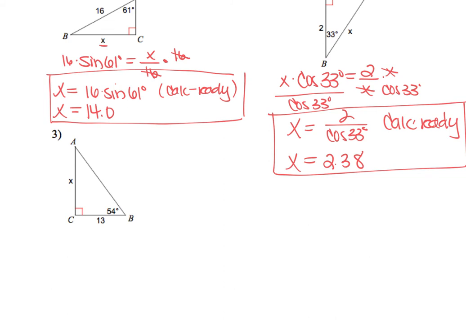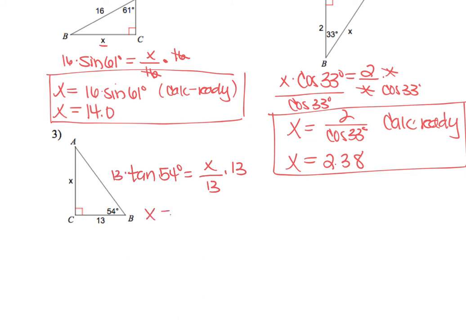Last one here, for this angle, we're looking for the opposite leg and we're given the adjacent leg. So opposite and adjacent, which means I might be using the tangent ratio. So tangent of 54 equals opposite over adjacent. So I'll have to multiply both sides by 13.